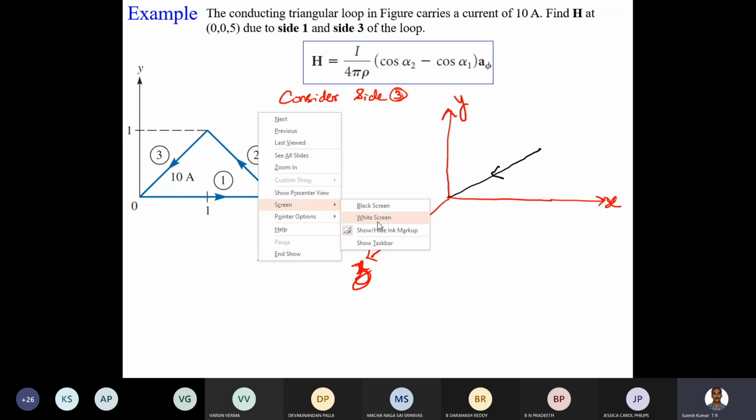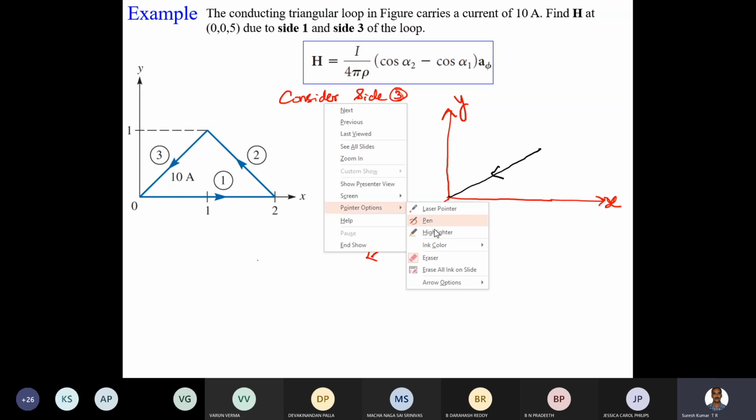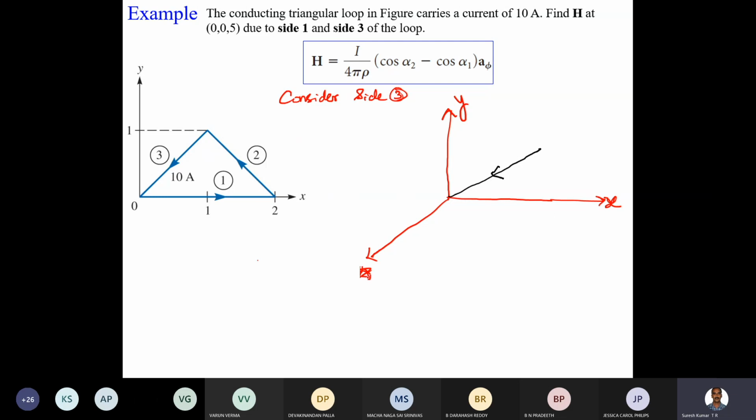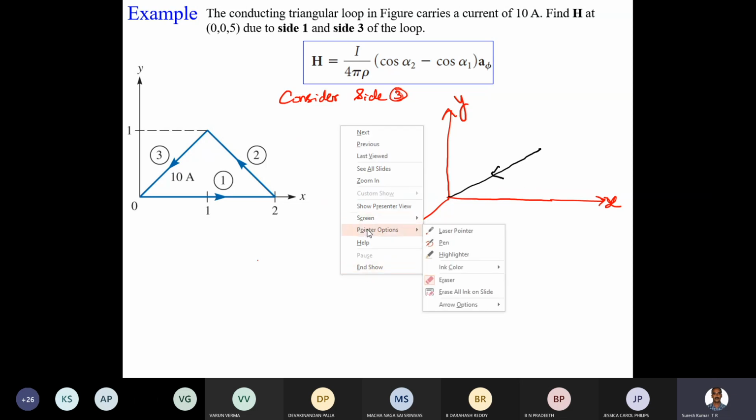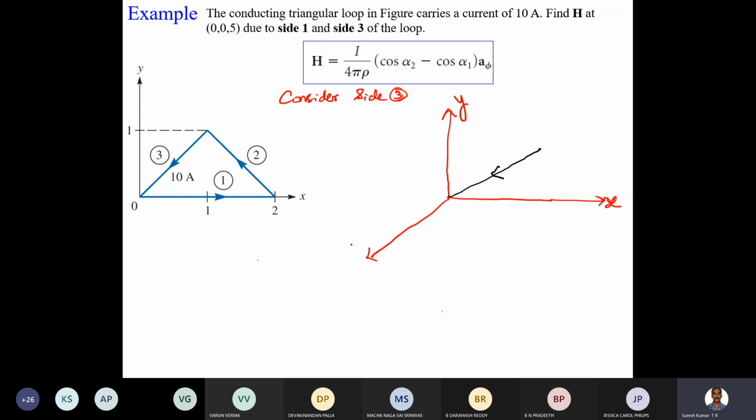First calculate cos alpha 1, cos alpha 2, rho, and then finally A phi. Please proceed with all the other steps. You calculate everything.